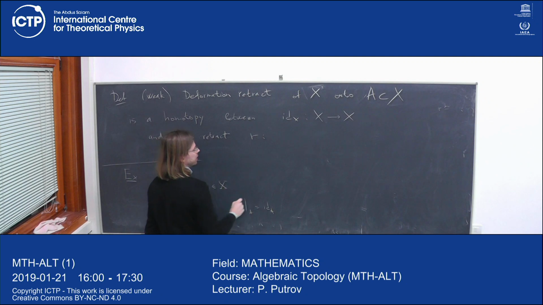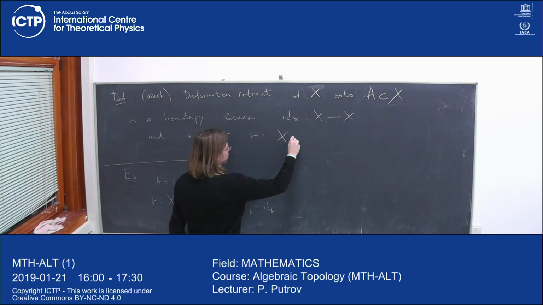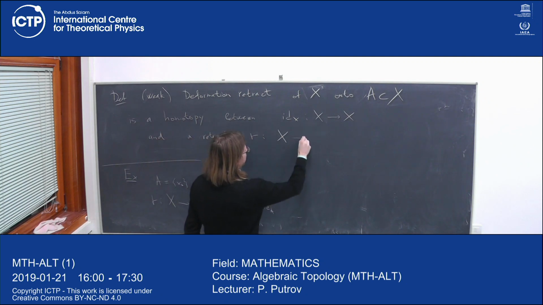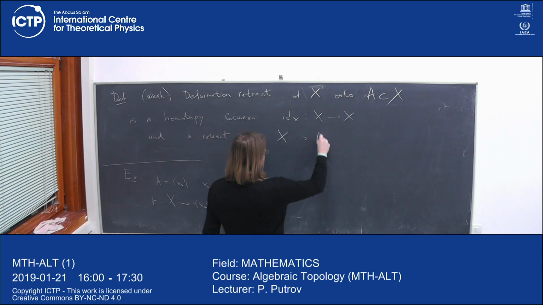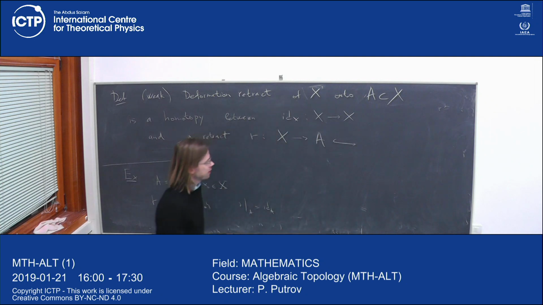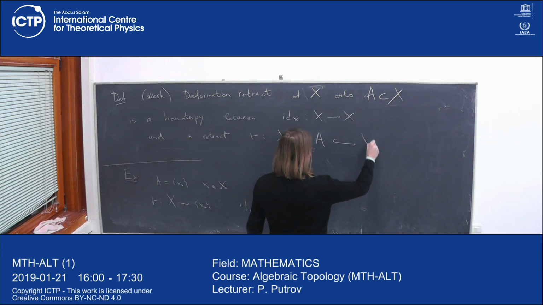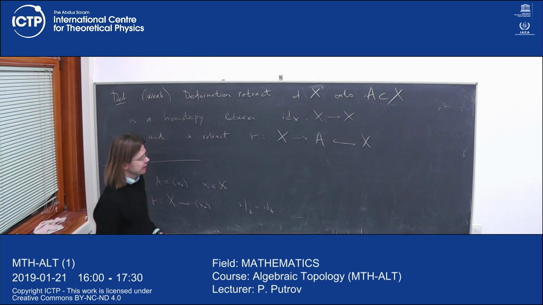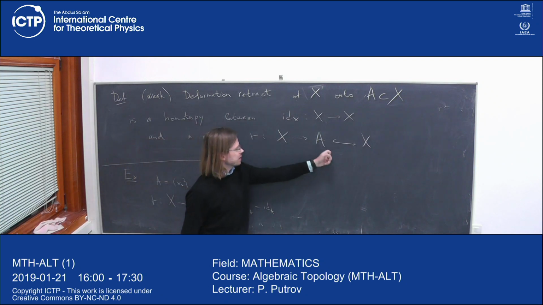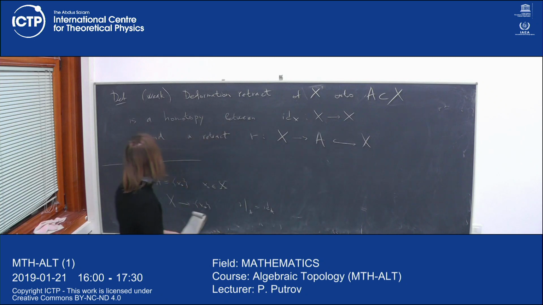R is a map from X to A, but since I also have the canonical inclusion map from A to X, I can consider R as a whole composition as a map from X to X itself.